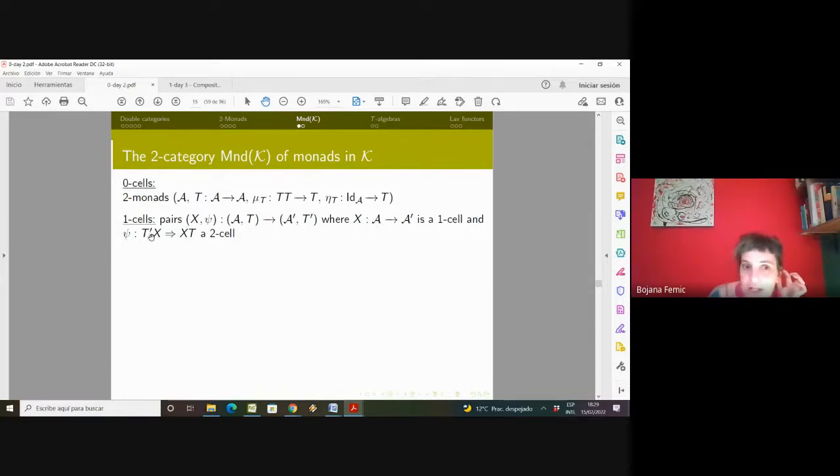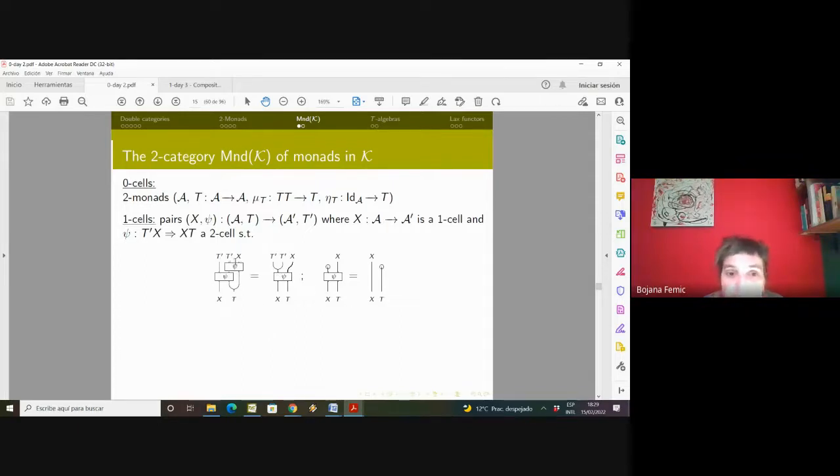Observe that this is well defined because X starts from A, ends up in A prime. This composition I'm reading from right to left. So X starts on A, finishes in A prime, and then T prime acts on A prime as an endocell, so this makes sense. And here, analogously, T acts on A, it ends up in A, and then X starts from A, so this is also coherent. And now the axioms that this pair should satisfy are these two.